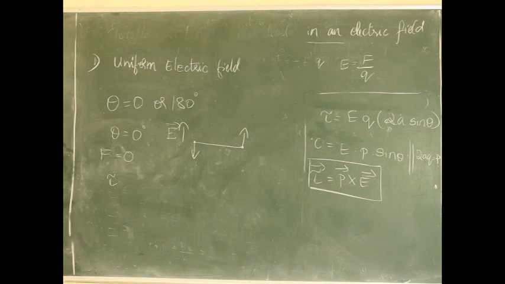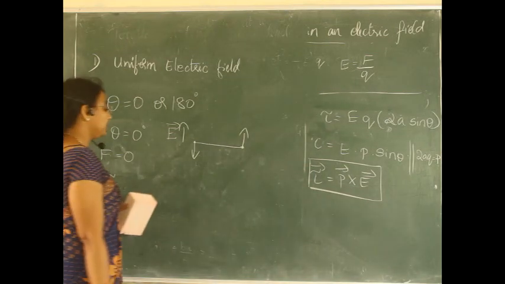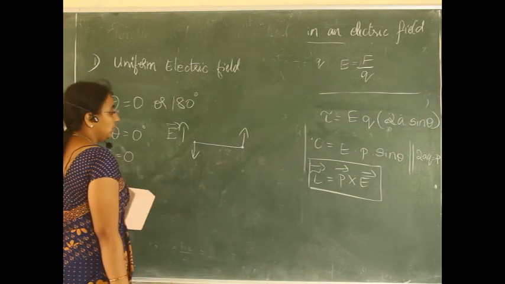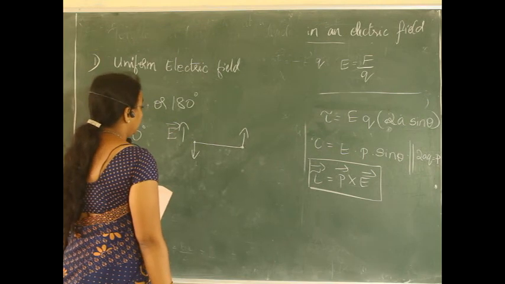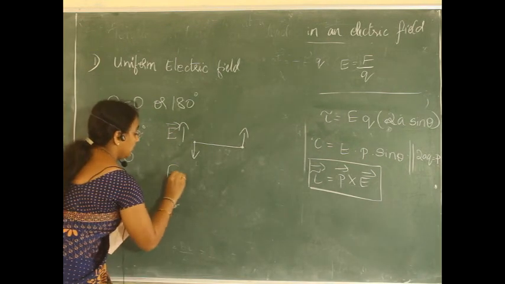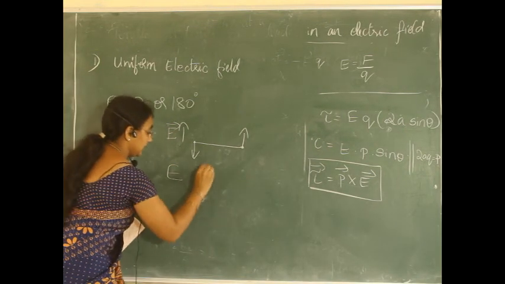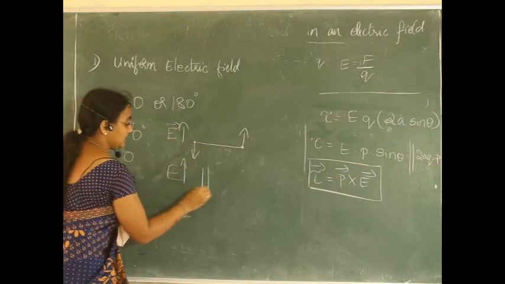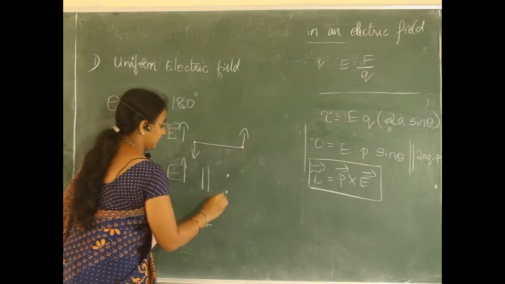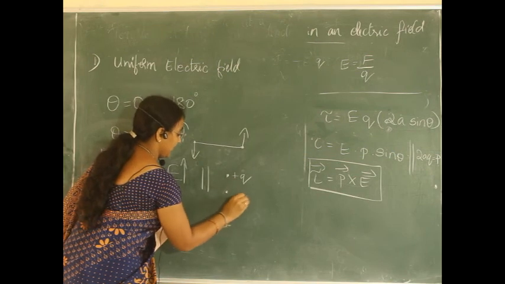Torque acting on the body, the dipole and field are parallel. Electric field is here, then it is parallel. See here, one is here, another one is here, plus q, minus q.